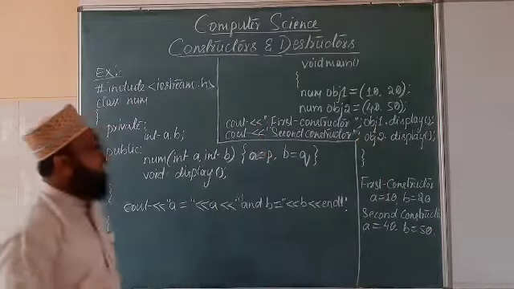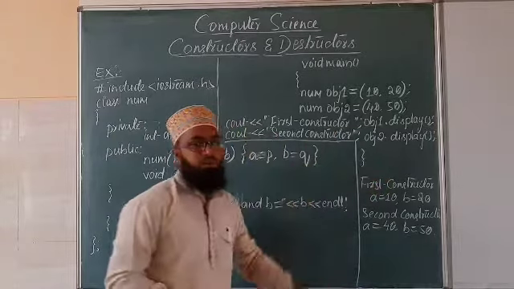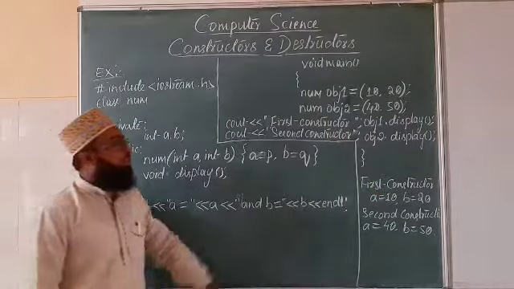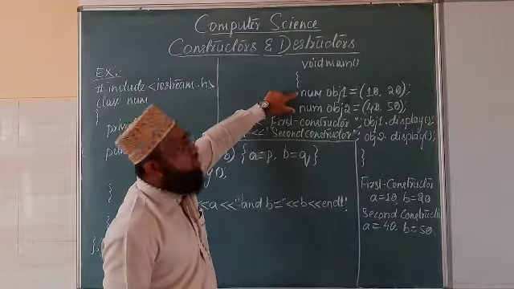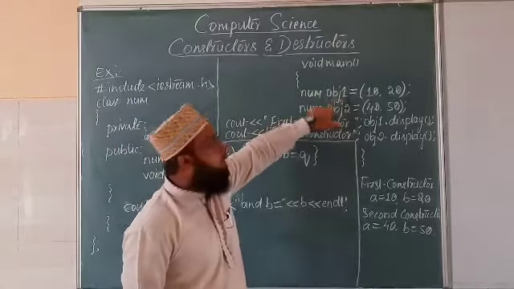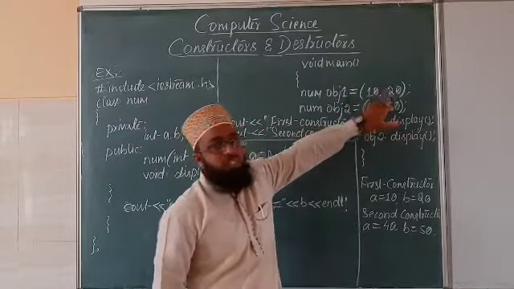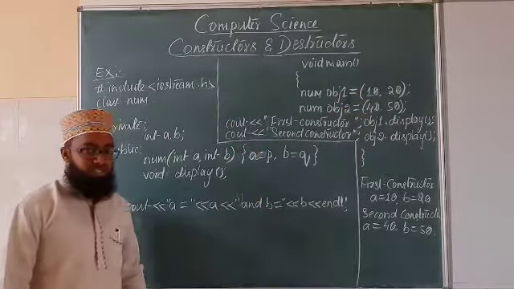Like this, the output of this example will come. Hope you have understood the explicit calling: object name, constructor name, with the assignment operator and list of arguments in parenthesis.